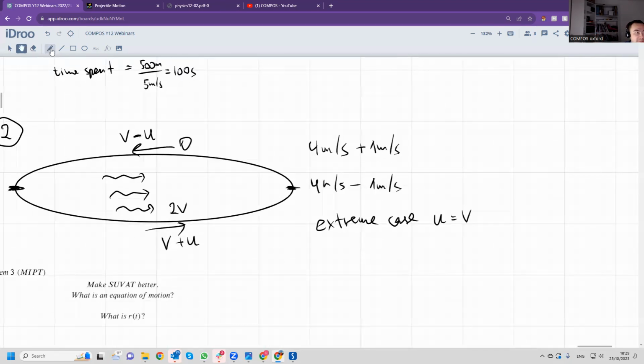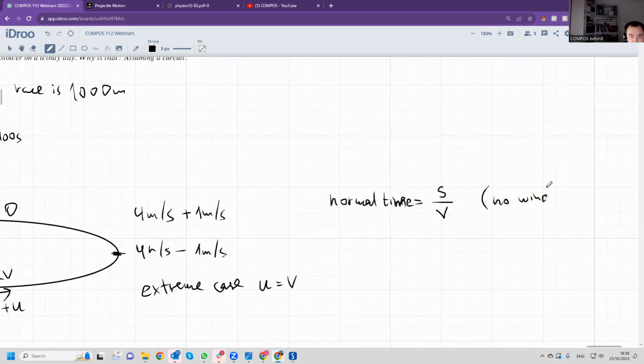So your normal time is the distance divided by v, right? With no wind.